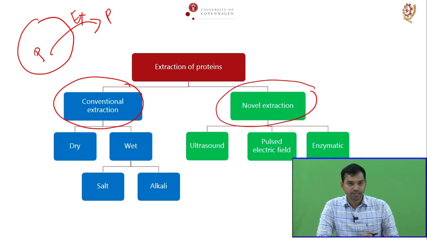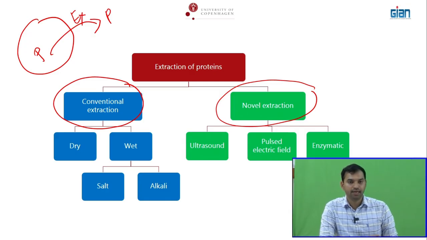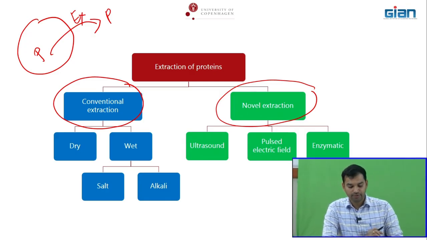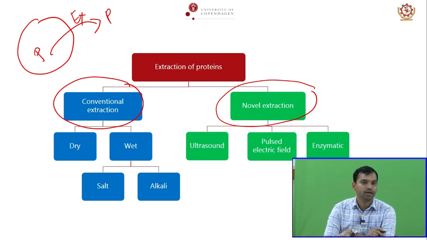In case of conventional extraction methods, we have dry fractionation and wet fractionation. In wet fractionation, we have salt extraction and alkali extraction. In novel, we have a lot of things, but I'm only covering three of them today: ultrasound, pulsed electric field, and enzymatic. It's just to show you classification. I'm not covering 100%, but I'm covering the 80% most important ones today.